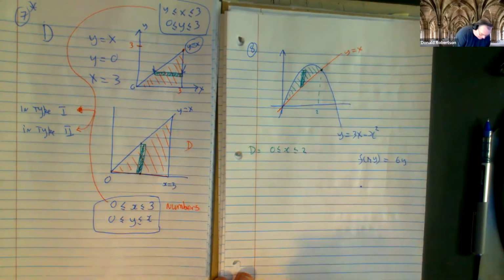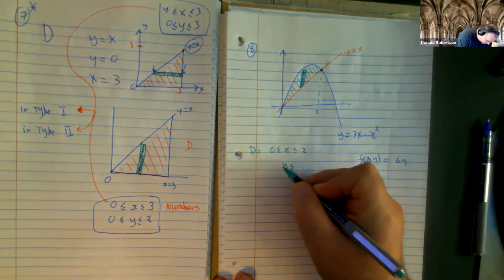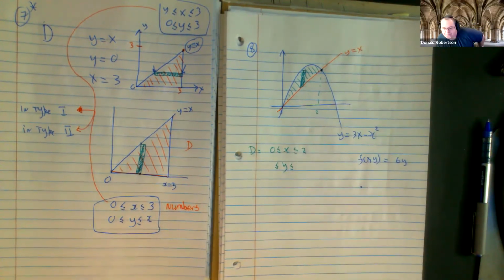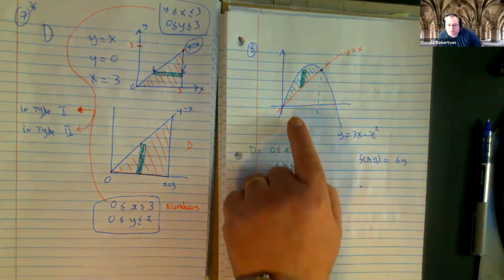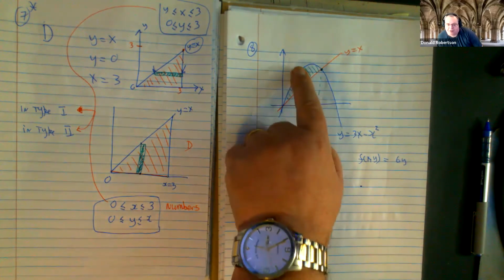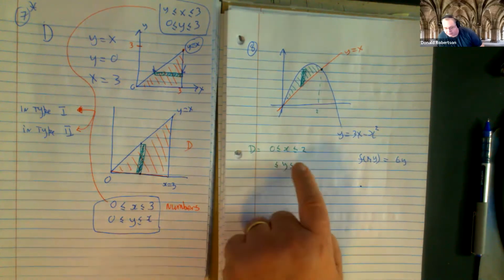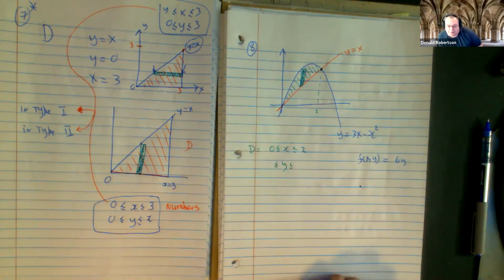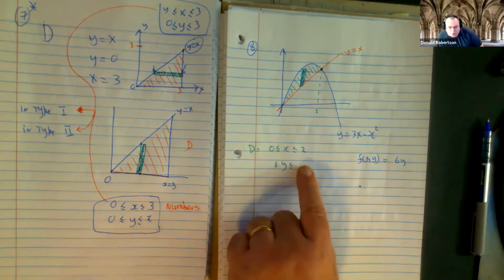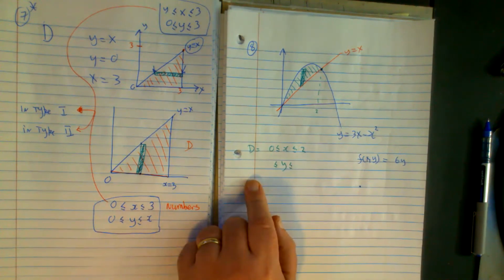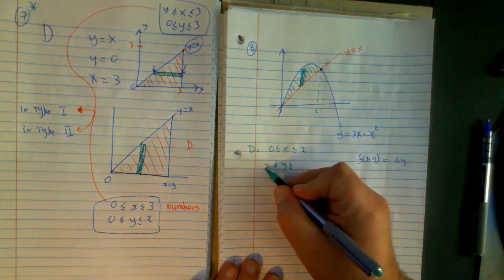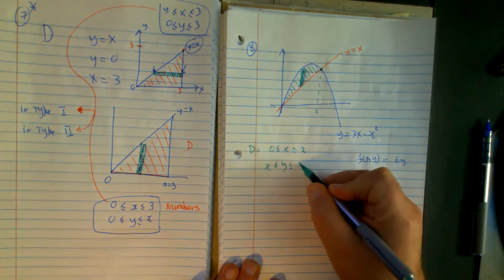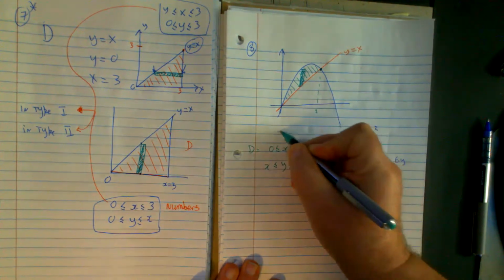Now, what would be the Y's for this rectangle? And you have to do the Y's in terms of X or numbers. So what would be the bottom value for Y, which goes here? And then what would be the top value of Y, which goes here? The bottom value would be x and the top value would be 3x minus x squared. Does that make sense?